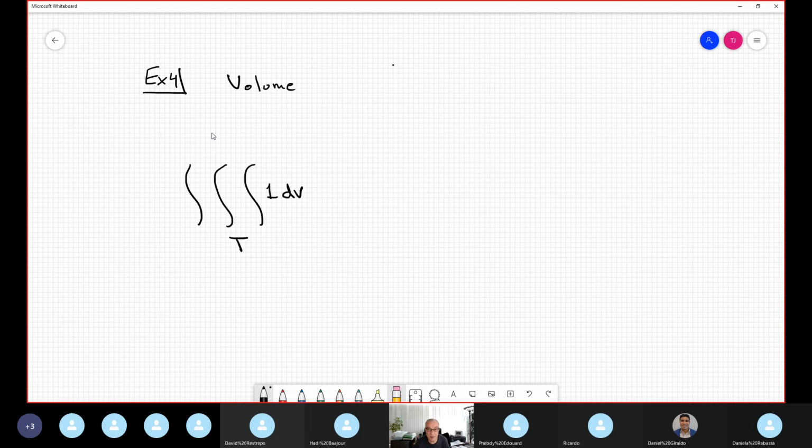And the solid T is formed by the following curves. Look. The first one is z equals x squared plus y squared. The second is z equals 4 minus x squared plus y squared.